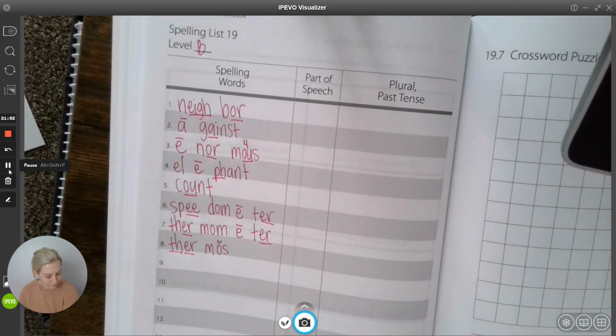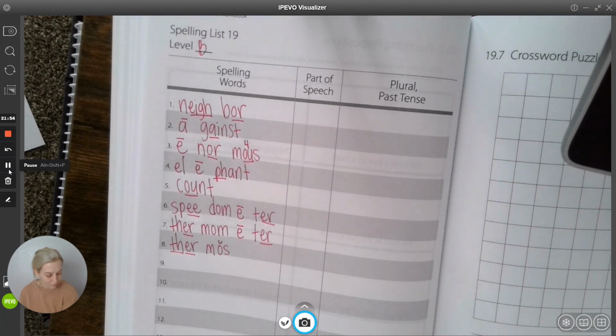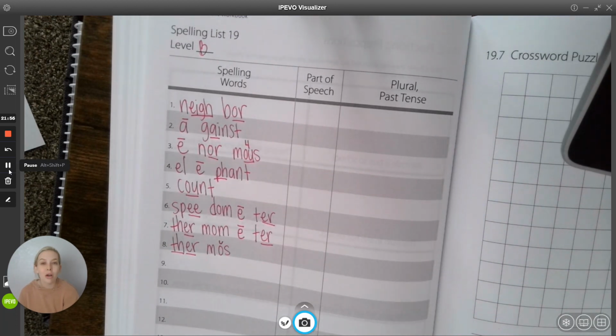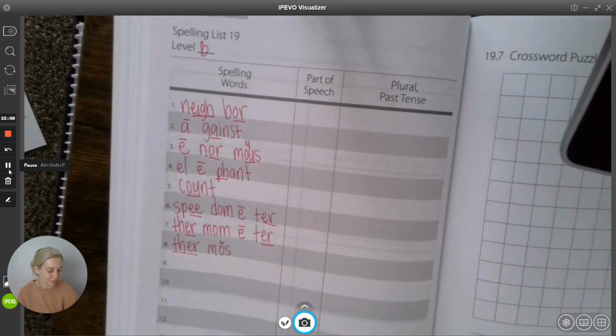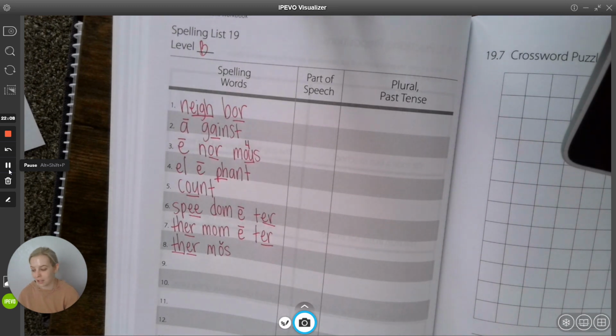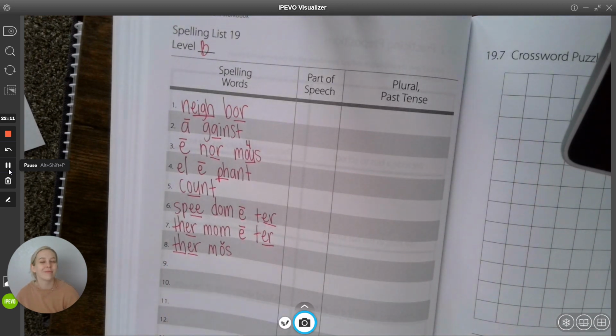All right, number 9. Thermostat. The thermostat is set to 76 degrees. 3 syllables in thermostat. First one is thir. Sound it out. Finger spell. Er.